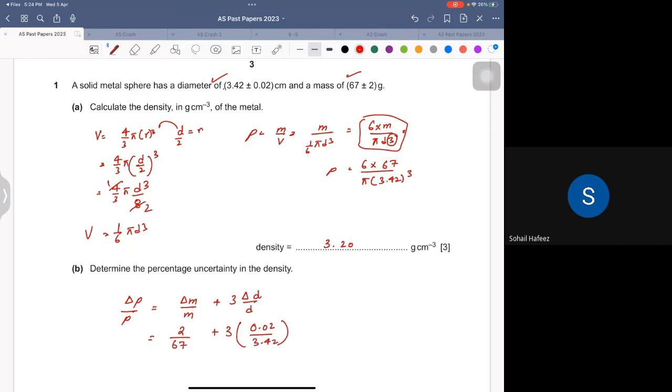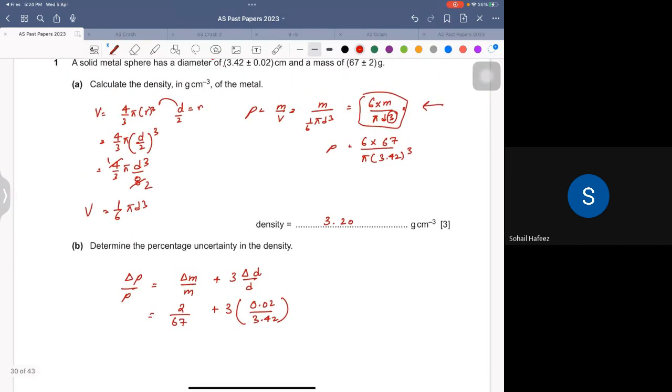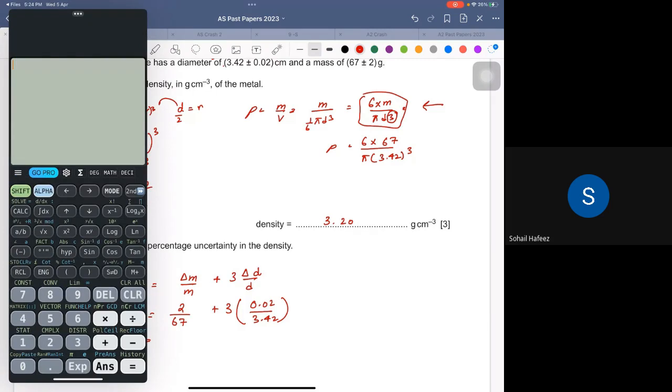Now by finding this formula in the first part, I've actually made my life easier, so I can find the uncertainty easily, right? So then I'm going to get the fraction of it, and that's going to be 2 divided by 67 plus 3 times 0.02 divided by 3.42.